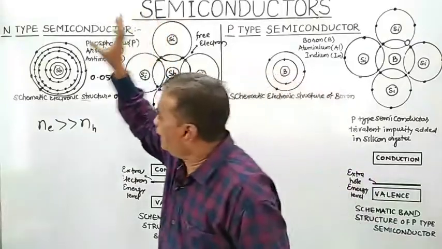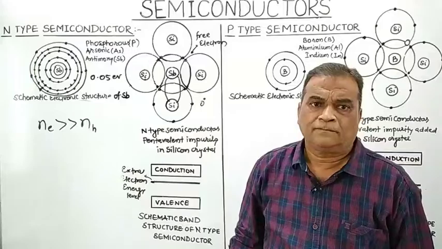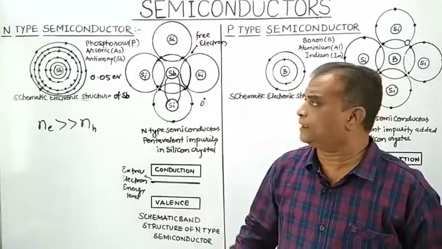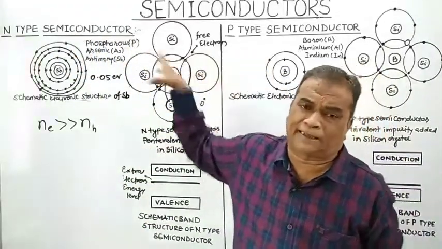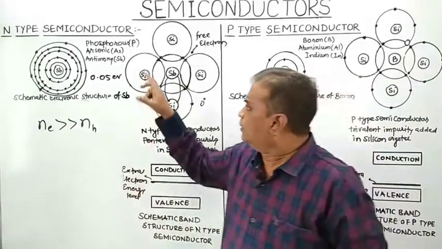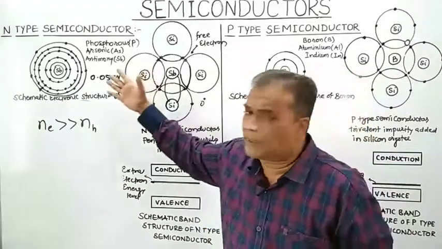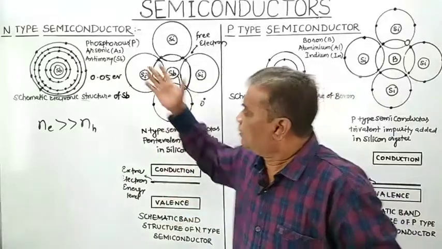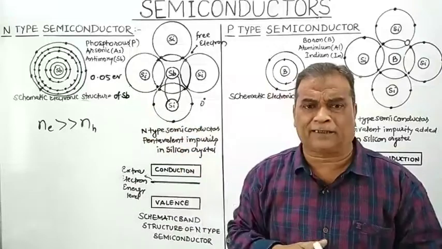And last point: when any n-type semiconductor is given energy externally, you may apply an electric field externally, then two types of charge carriers are produced. Number one, free electrons are produced, which are the majority charge carriers, as well as free holes are also produced, but they behave as the minority charge carriers.